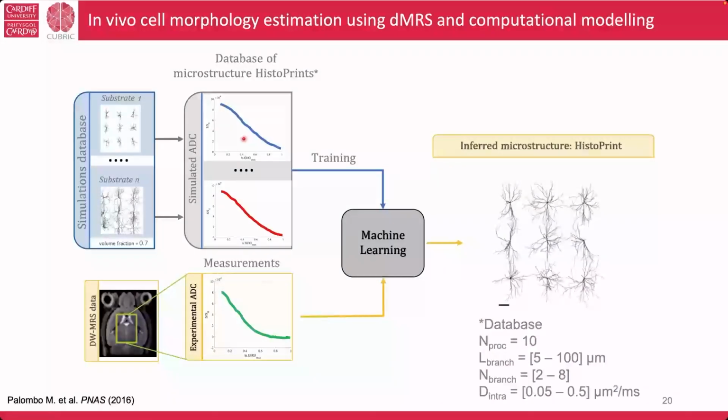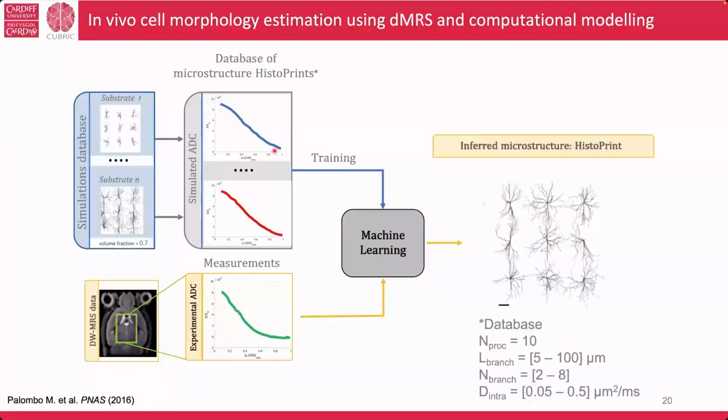In this particular work, we didn't apply this directly to the diffusion signal, but we applied it to a surrogate metric from the diffusion signal, which is the apparent diffusion coefficient. So we simulated the full signal, and then we fit the slope of the log of the signal at low b to estimate this ADC at different diffusion times.